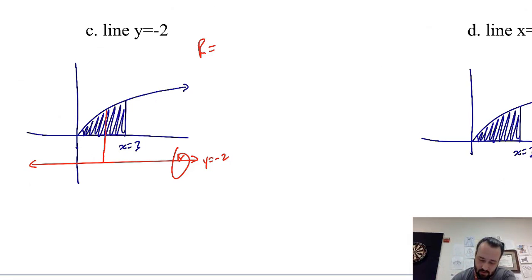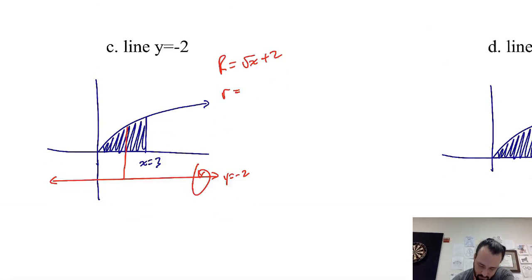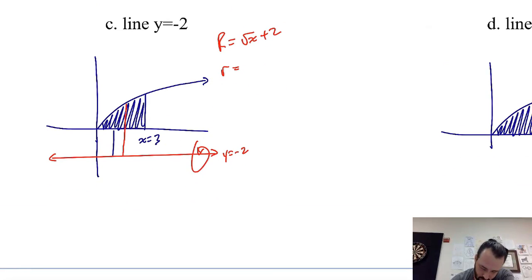So the big radius is square root x plus 2. The little radius is this height right here, which is just 2 units.